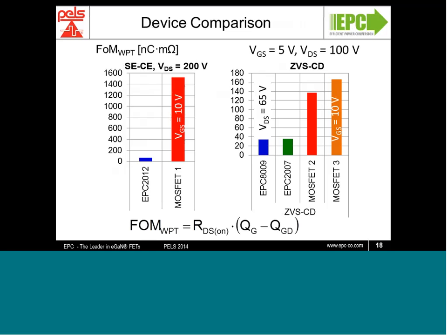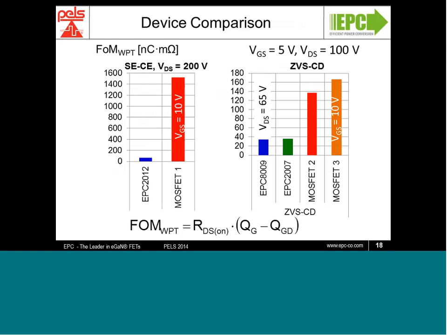On the right-hand side, we have the zero voltage switching Class D comparison with 2 EPC devices, the 8009 and the 2007, compared to 2 MOSFETs. Both MOSFETs are very similar, and the one is a logic level FET, that's MOSFET 2, and the other is a regular gate voltage level.